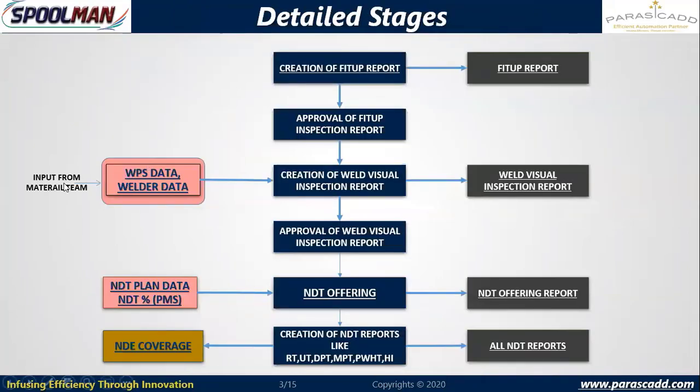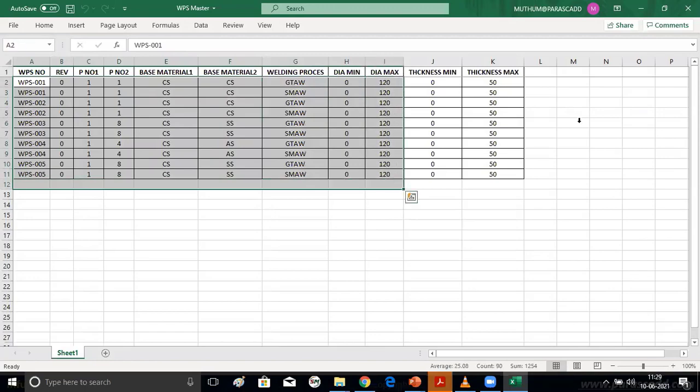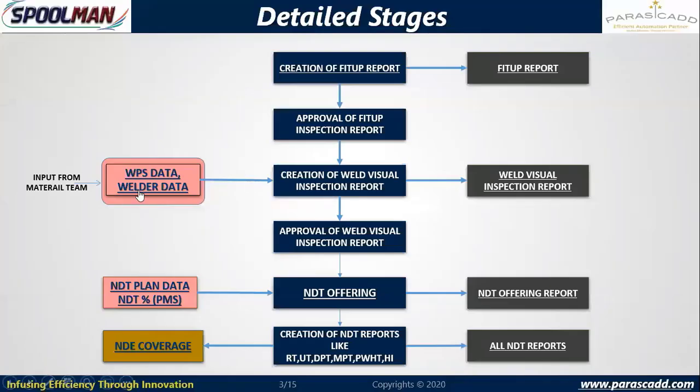So if you see these stages, I have WPS. Once fit up is done and welding is done, I have WPS, where all the related base material or P number will be managed, and what is the process, the size range, the thickness range, everything can be managed here.